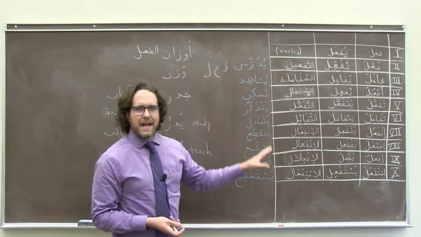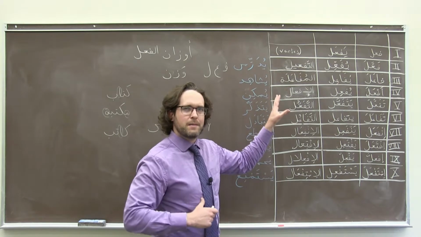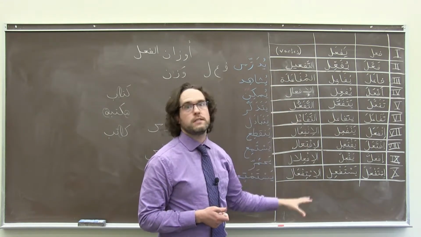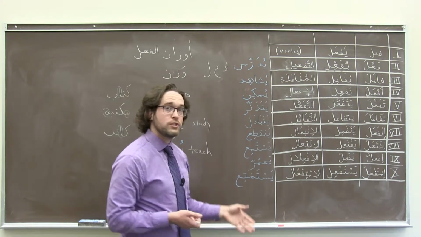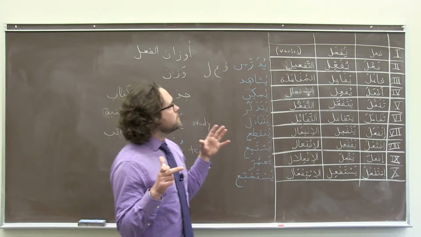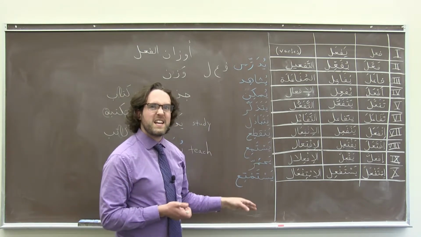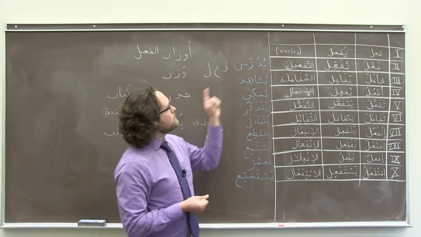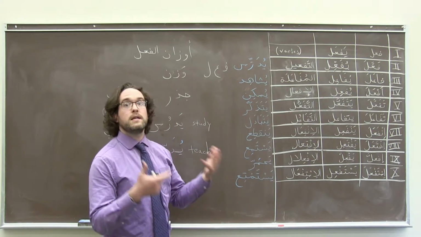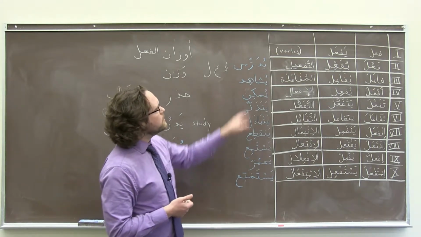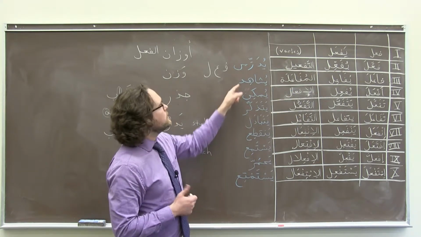This can seem a little abstract and cold and algebraic, and I wouldn't really recommend that you attempt to memorize this chart in its entirety as is. Instead, I think maybe a better approach is to remember that you already know a bunch of verbs that fit in those patterns. I provided some here. If you've completed the first book of Al-Kitab, you should probably know and remember most of them. Yudarris, meaning teach.